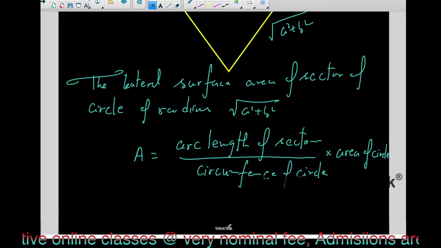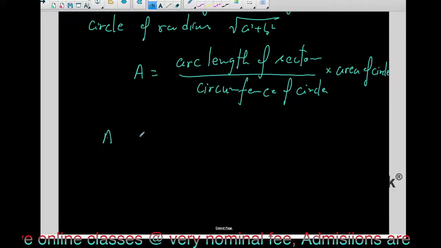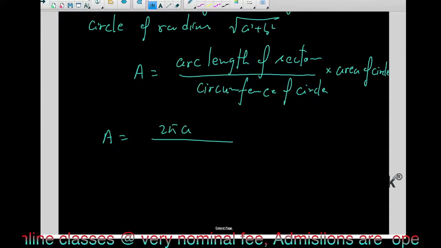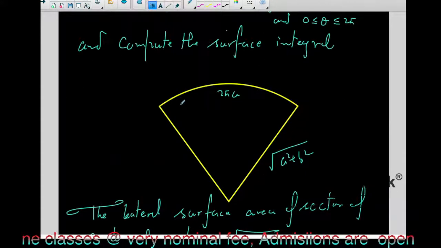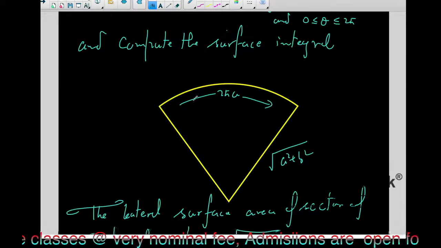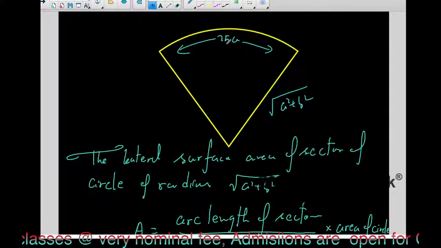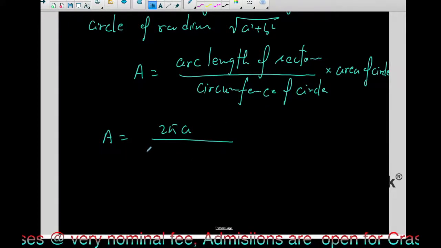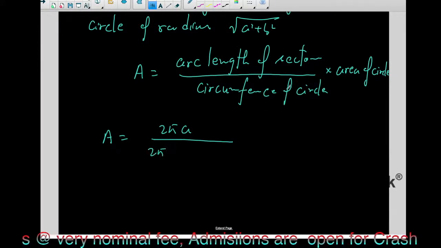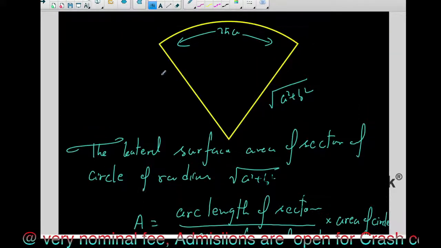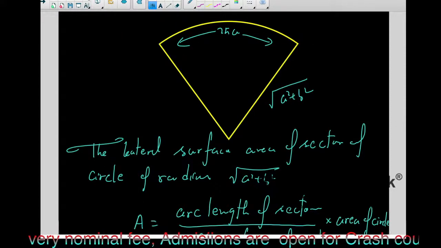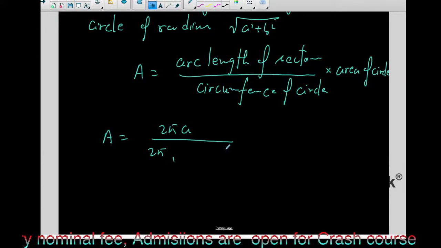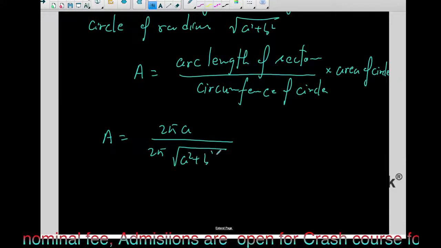So finally, we substitute these values over here and you will get the area of this sector. The arc length of this sector is 2 pi a, as you can see here. Are you getting this 2 pi a? How? It is the circumference of the base of the cone. The circumference of the entire circle, if you complete this sector, is 2 pi times the radius, which was under root of a square plus b square.